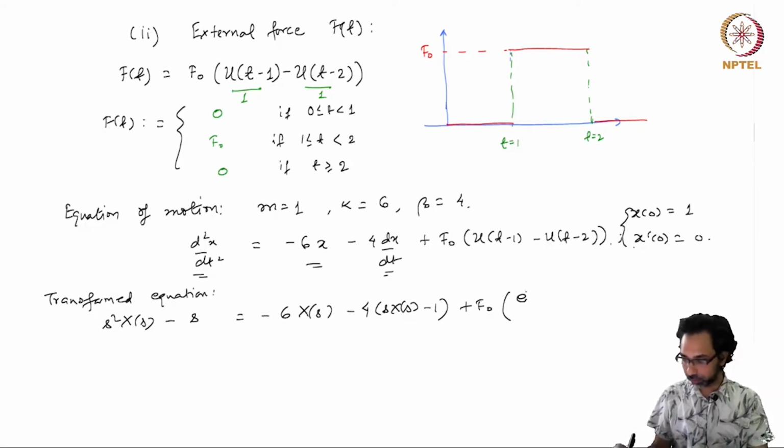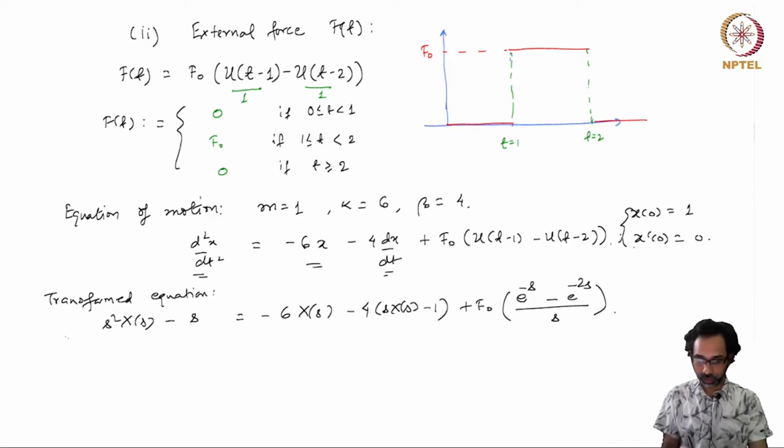So the first term will give you e to the power minus s over s, and the second term will give you e to the power minus 2s over s, and so we can simply write it as e to the power minus s minus e to the power minus 2s over s. And now we can collect the terms with X(s) on the left side.